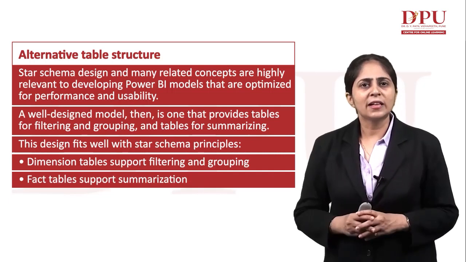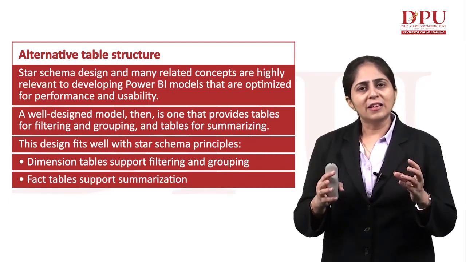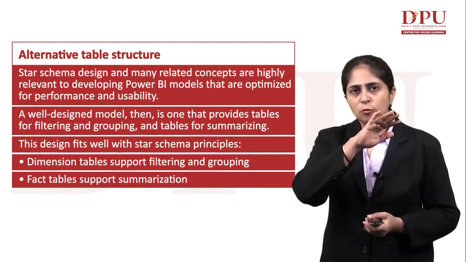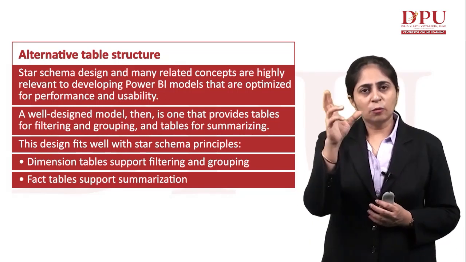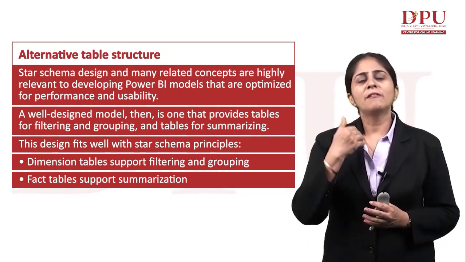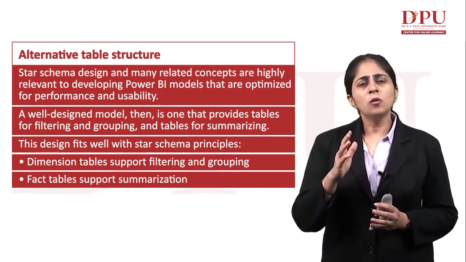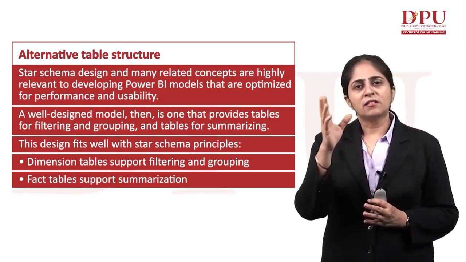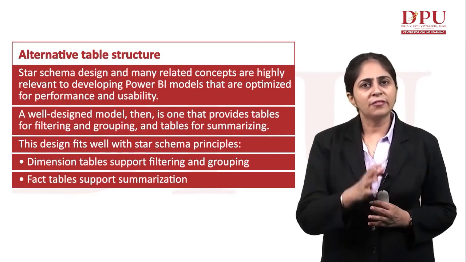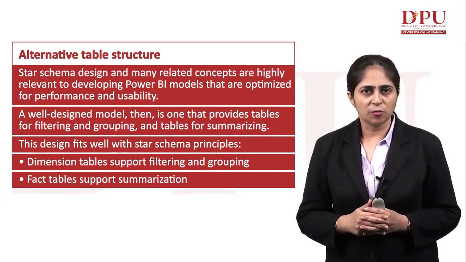Then we have the fact tables. Fact tables will support the summarization. If we do not want to see all the records, but want a summary of them, our fact table will support the summarization. So the dimension table supports filtering and grouping, and the fact table supports summarization.